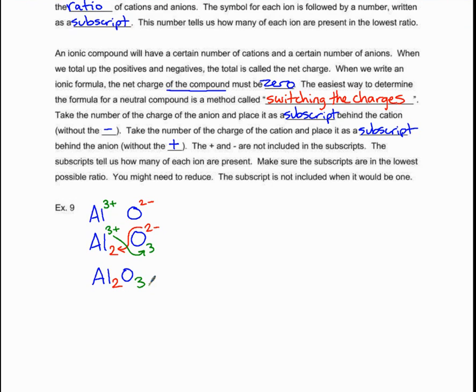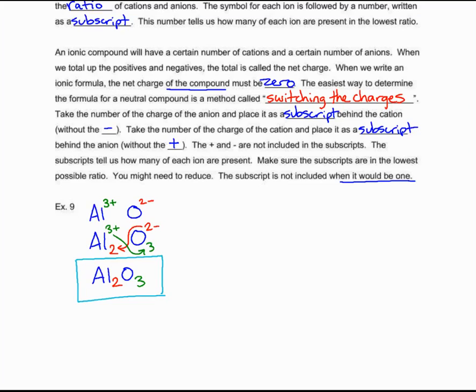You'll also note that for this one, my final one, this is what I'm looking at, there are no charges hanging around. Under no circumstances will we have a chemical formula that has subscripts and charges in the final neutral net charge 0 compound.